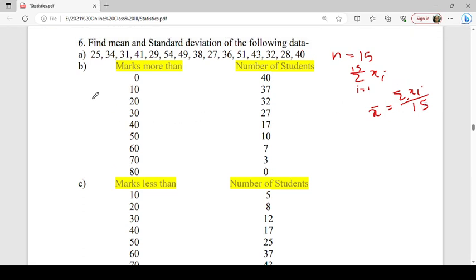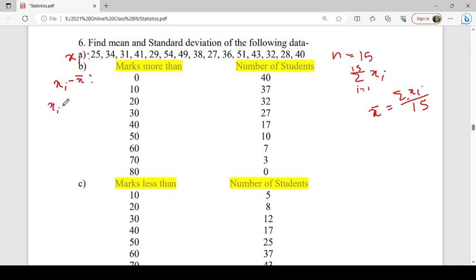Then to find the standard deviation, we take one column, xi minus x bar. Suppose 25 minus x bar gives some value here, then 34 minus x bar, 31 minus x bar, and so on.